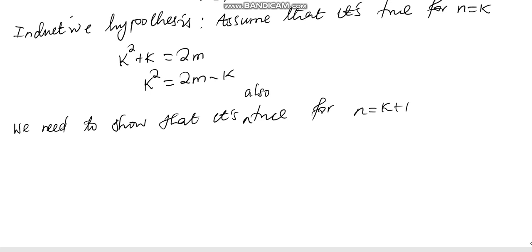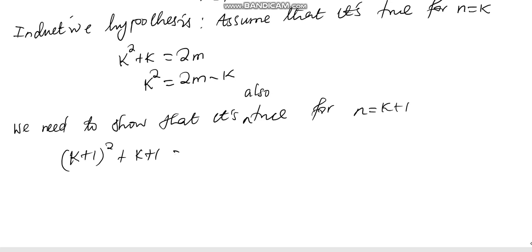So here we get this expression the same way it is there, then where there's k, we just put k plus 1 there. So we have k plus 1 squared plus k plus 1 here.